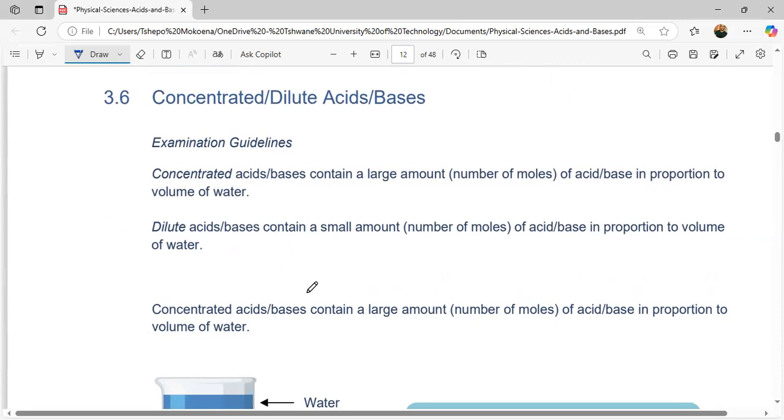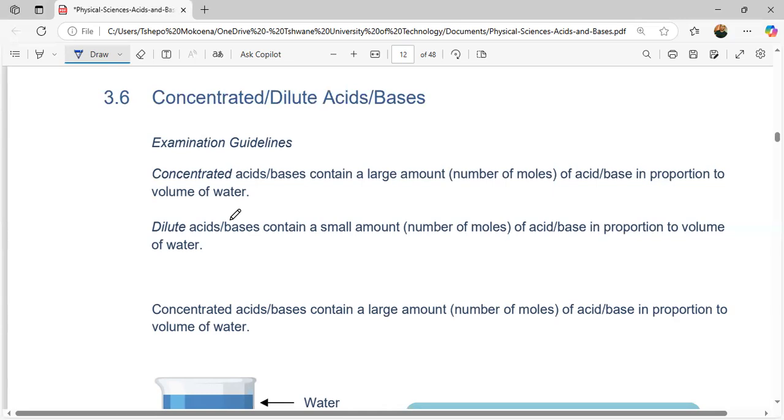we're going to talk about concentrated and diluted. Again, like I said, now we're going deeper. Whether you have a strong acid or a strong base, if you add more water inside of that acid or base, you're not going to change its strength.